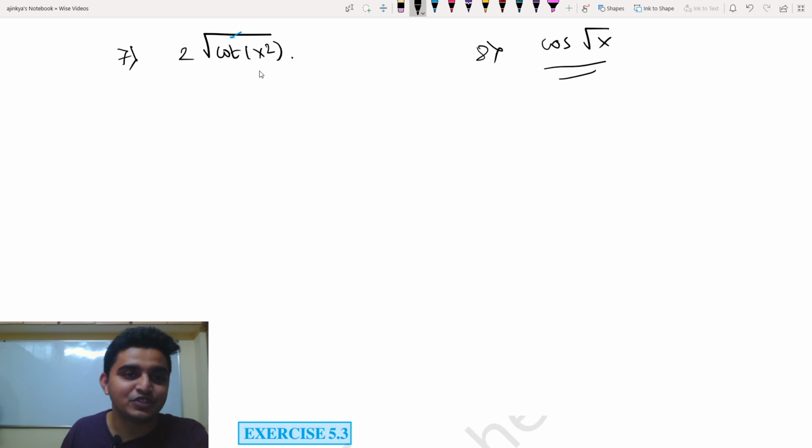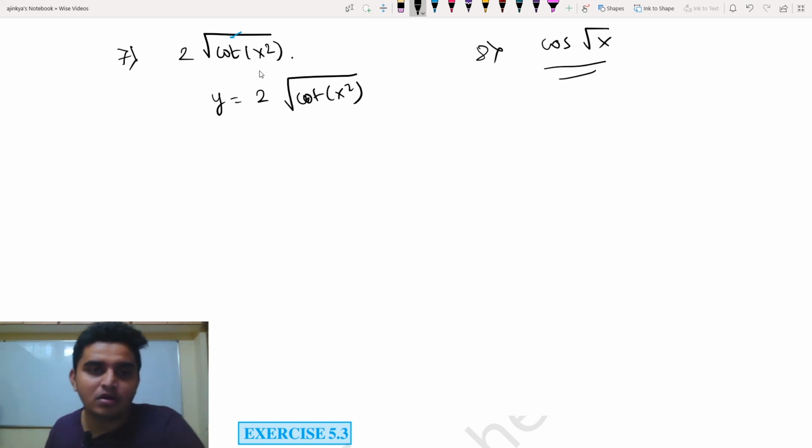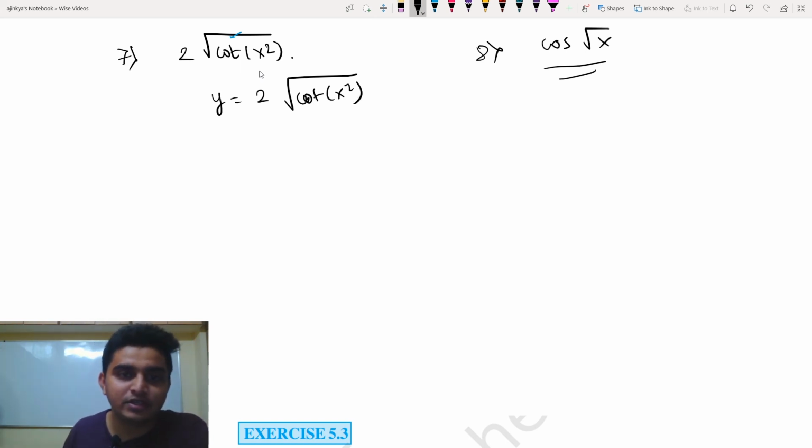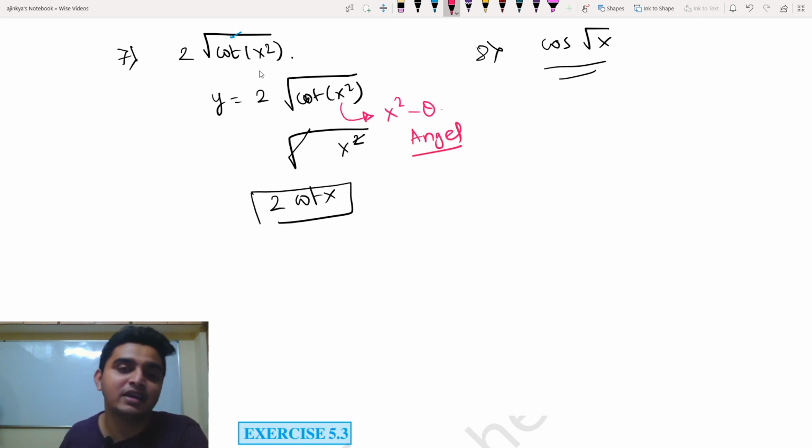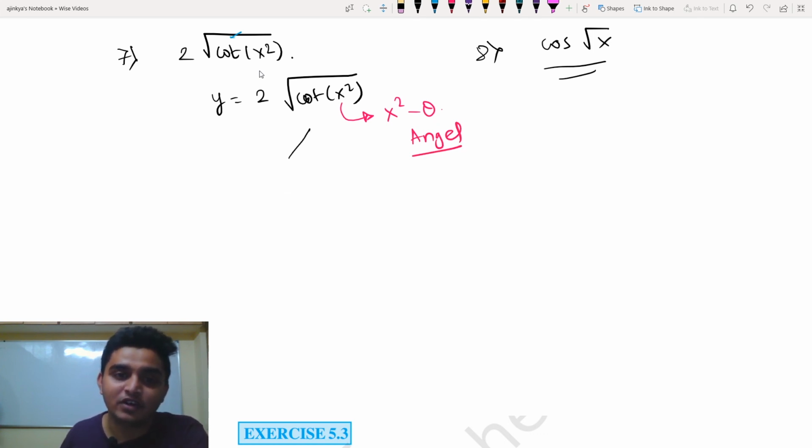Let's move to the seventh question, which states that y equals 2 under root of cot of x squared. Now, a common mistake people make over here is they try to cancel off the x squared and this root, and directly write 2 cot of x. You getting my point? But x squared is your theta, which is the angle, and you cannot cancel away the angle directly from the function.